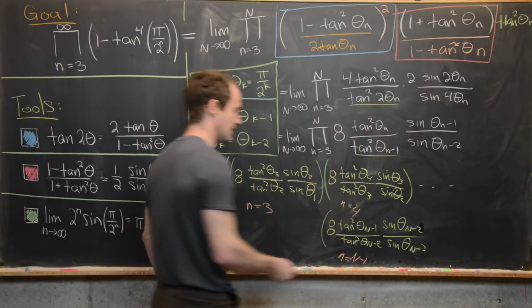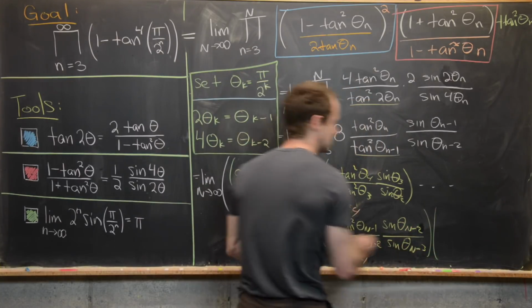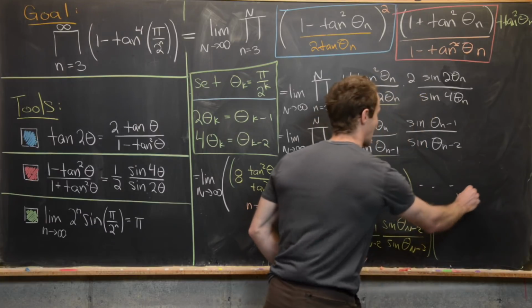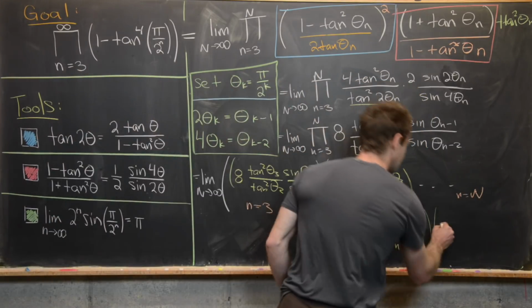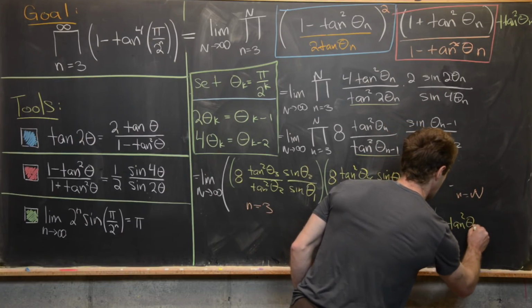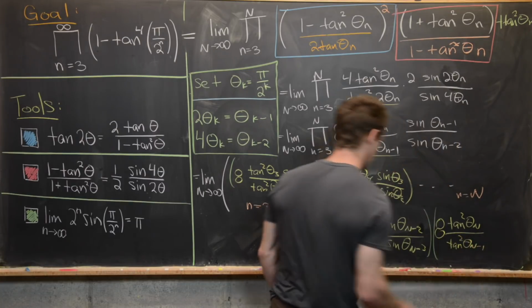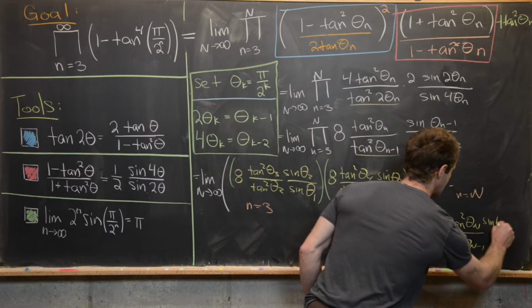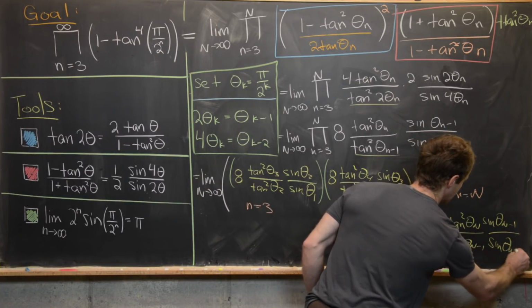Okay, good. And then finally, we have the very last term, which will be the little n equals capital N term. And that's going to give us an 8 and then a tangent squared theta n over tangent squared theta n minus 1. And then we have sine theta n minus 1 over sine theta n minus 2.